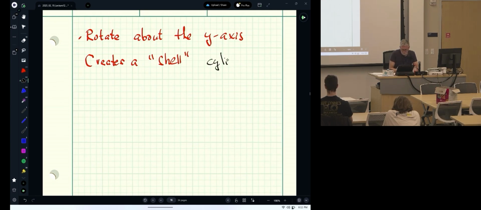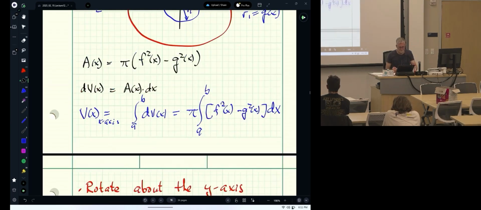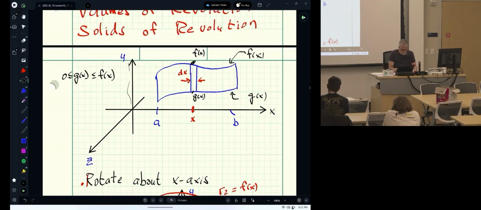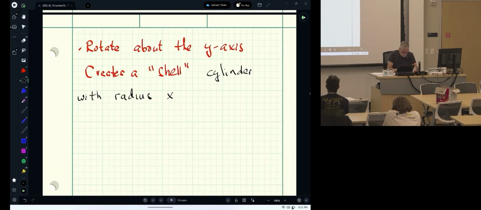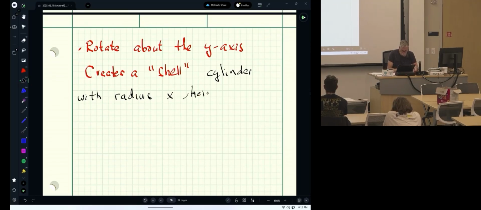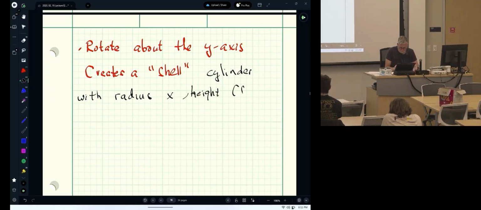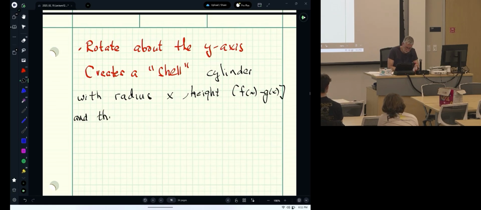So it's a cylinder with radius x around the y-axis, height f of x minus g of x, and thickness dx.